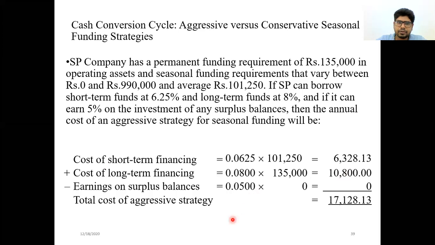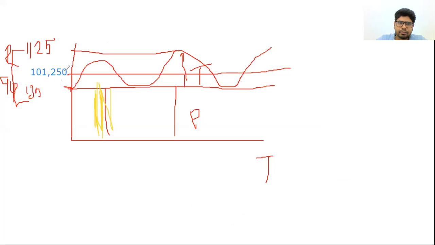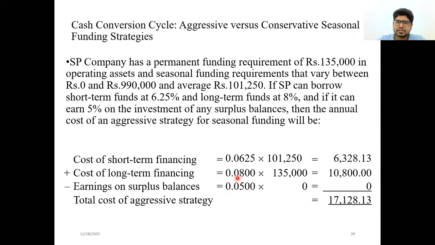And here, see the whiteboard. The average temporary working capital requirement is 101,250 rupees, and it is financed by short term or long term? Short term. What's the cost of finance? 6.25%.